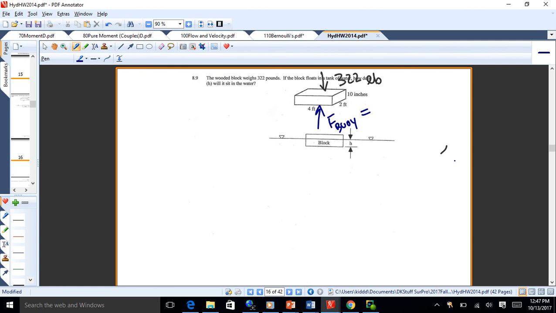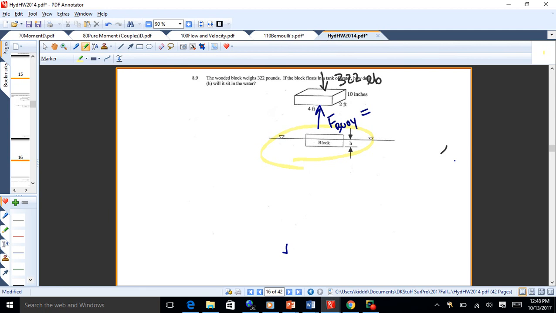Good point. If they were exactly equal, it could be stagnant in the water. It would just be doing what it's doing.